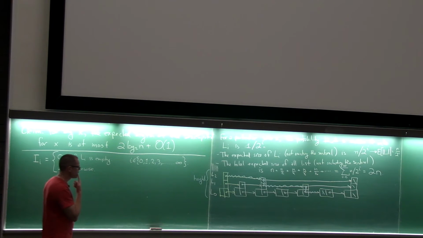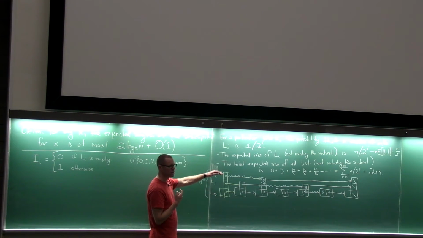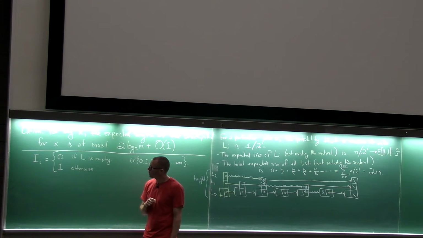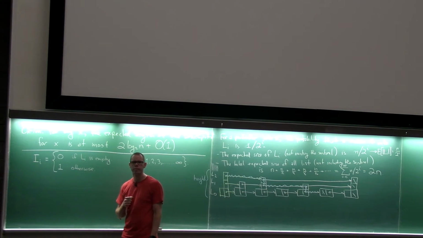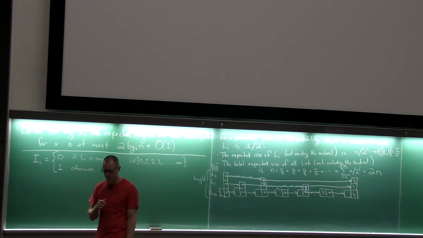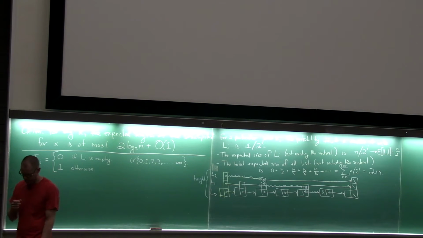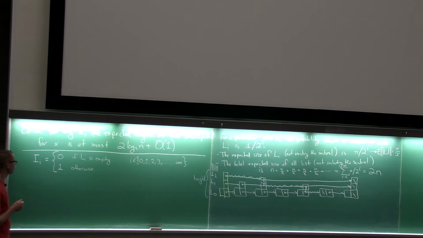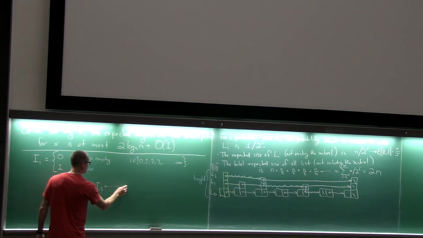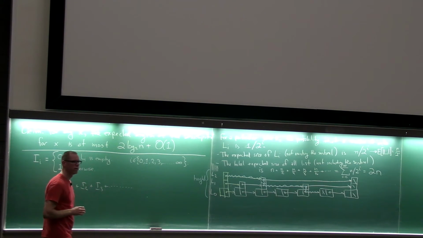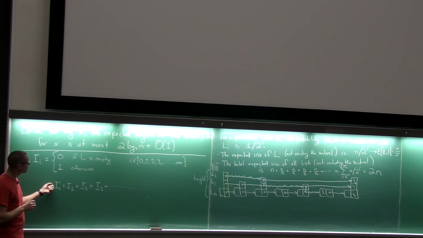So now we're trying to understand what's the height of this skip list. Now, is there a way to write the height in terms of these I sub i's here? I0 plus I1 plus I2 plus I3 plus I infinity. What does that tell me?